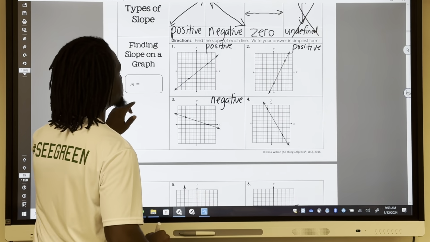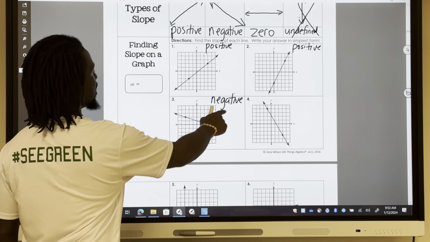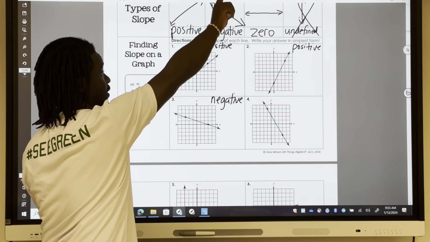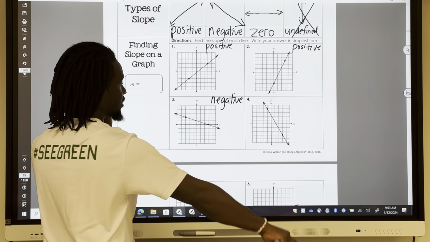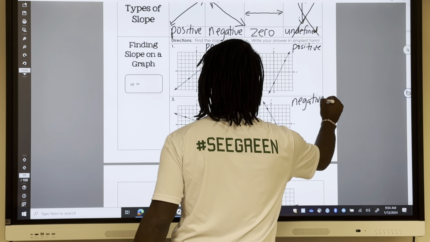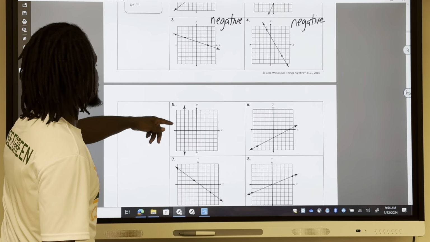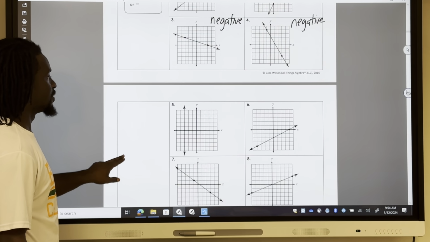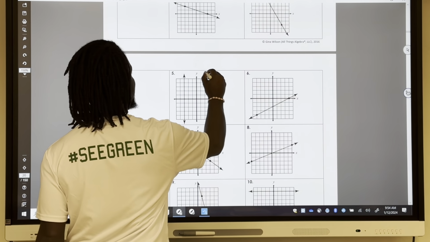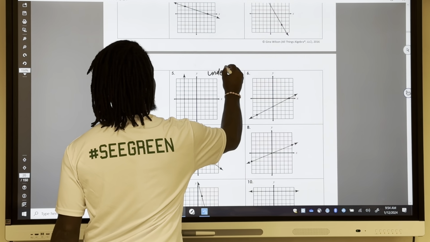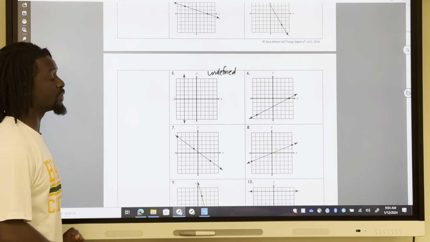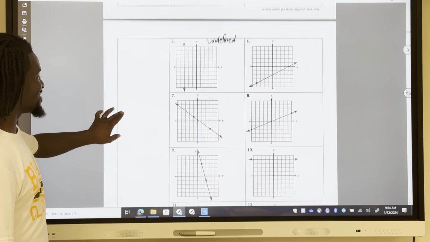Number four, again, is not moving up and to the right, it's moving down, so that is a negative slope. Now, number five is the one that we are not going to do. This is undefined, but I don't want us to worry about that one. We're not focusing on undefined slopes in this unit.